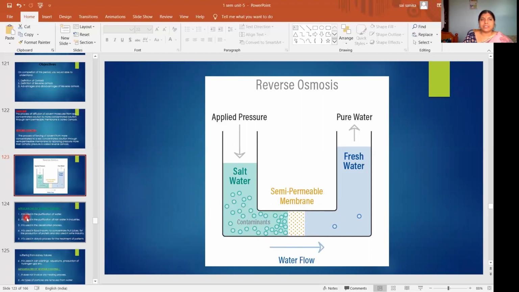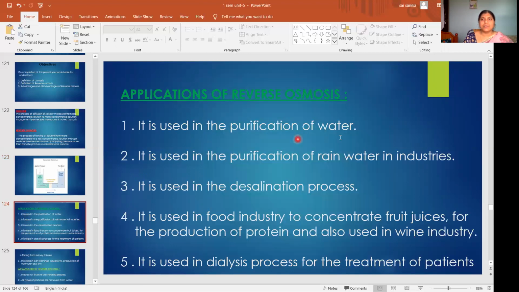Coming to applications, it is used in the purification of water, including rainwater, in industries. It is used in desalination, that is removal of salts from water. It is used in the food industry to concentrate fruit juices and for the production of protein, and also in the wine industry.